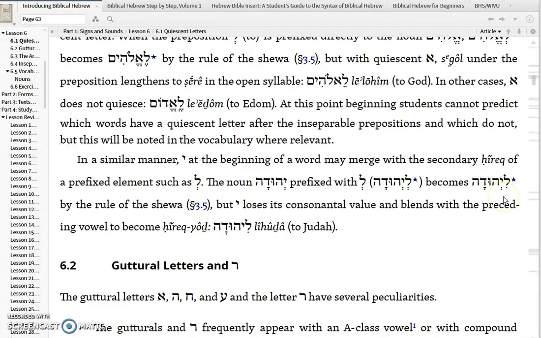But then the Masoretes reason, well, that's not pronounced any differently than if the yod were a pure vowel letter and you didn't have the shava. So they end up writing it just this way, lihuda. And the yod has become quiescent. So that's about quiescent letters.